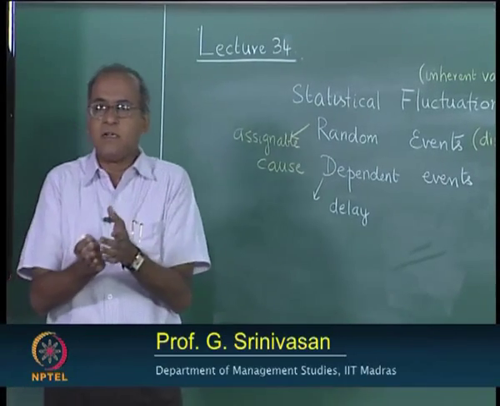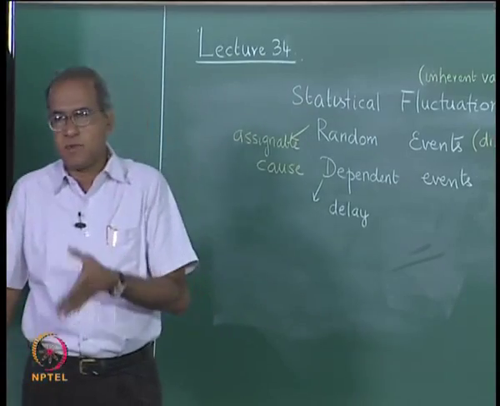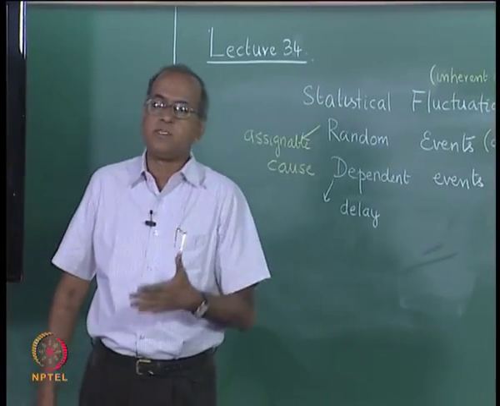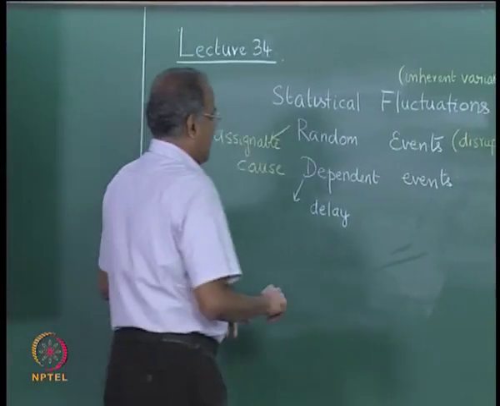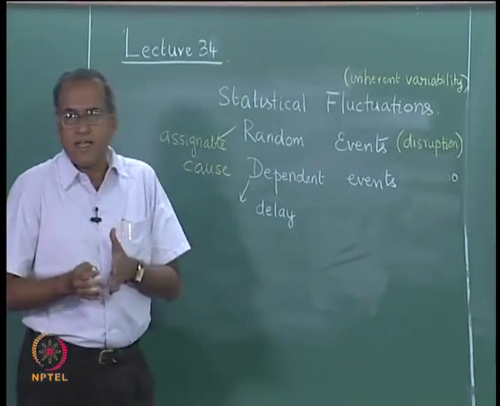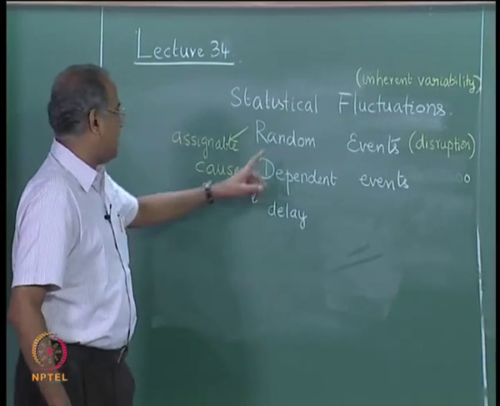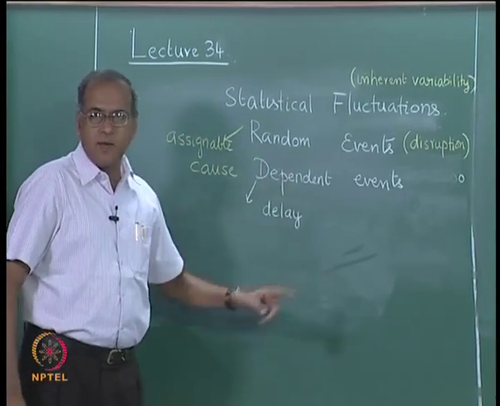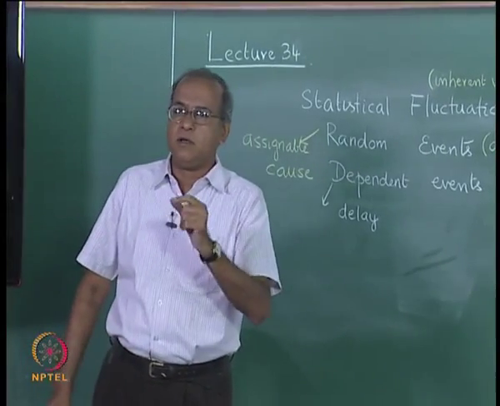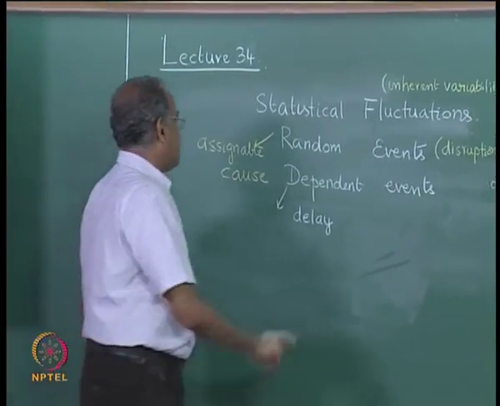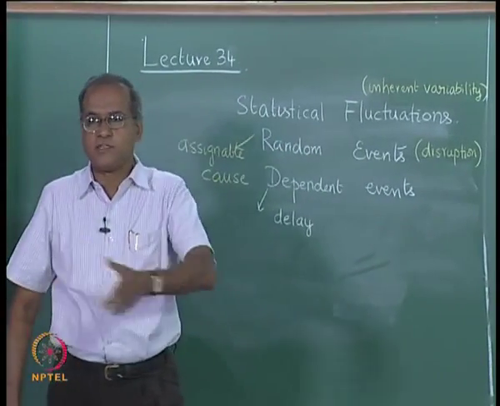The variation is also very small and many times cannot be assigned to a specific cause. When the effect is assigned to a specific cause, it is called a random event.